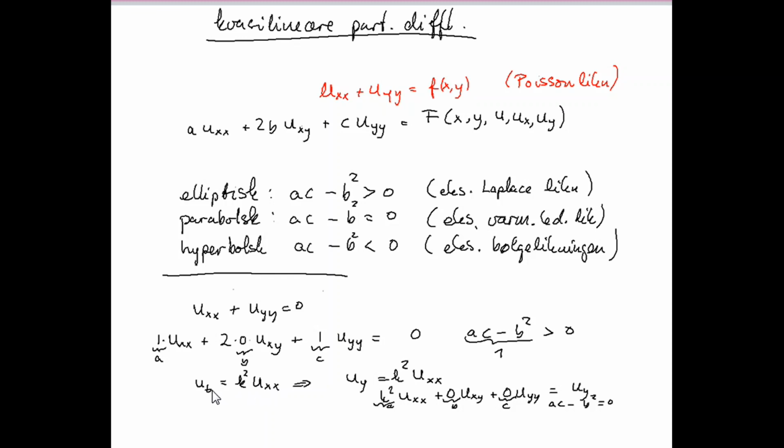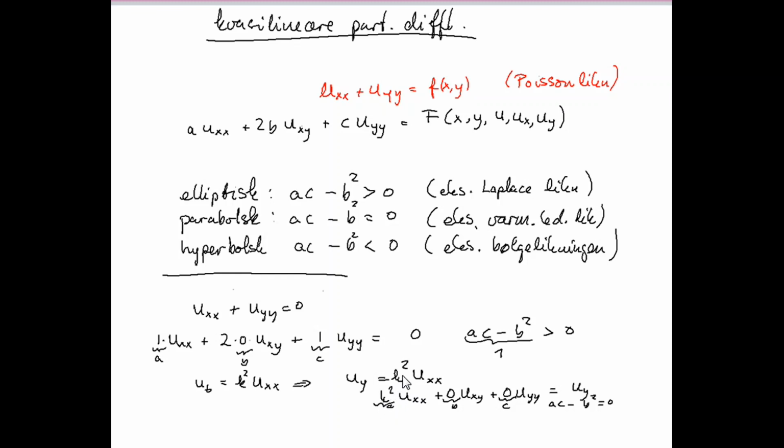Let us just change the variable t to y, because in the general description we have no t. So in this case, the derivative of u with respect to y is equal to k squared multiplied with the second derivative of u with respect to x.